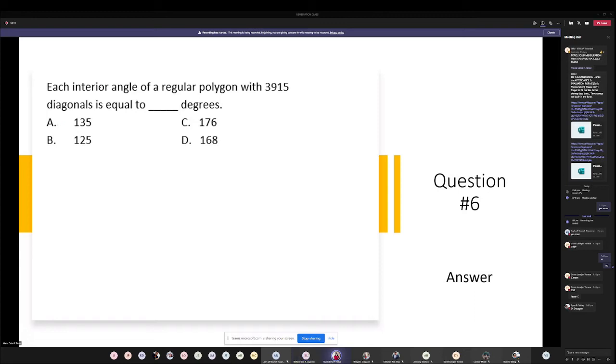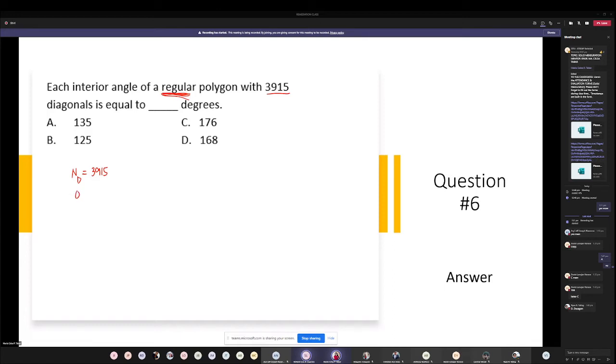So each interior angle of a regular polygon, again, all should be regular polygons. We cannot use these formulas for irregular ones. The polygon has 3,915 diagonals. So the number of diagonals is 3,915. Each interior angle is equal to blank degrees.